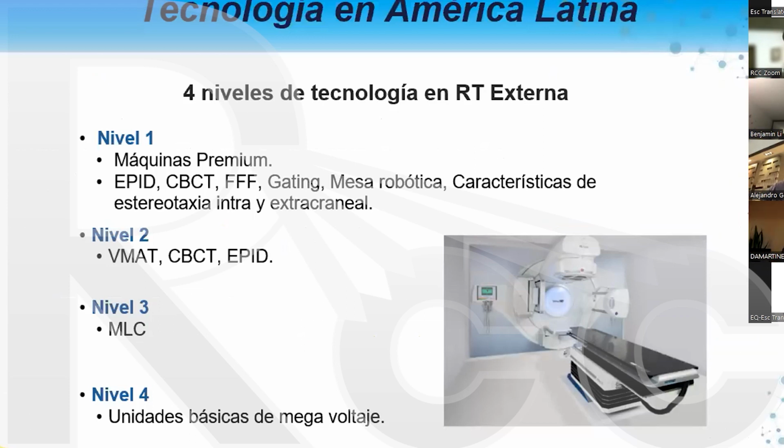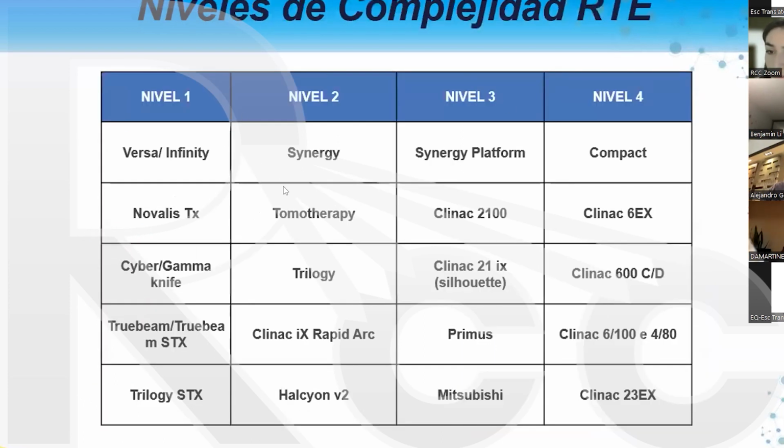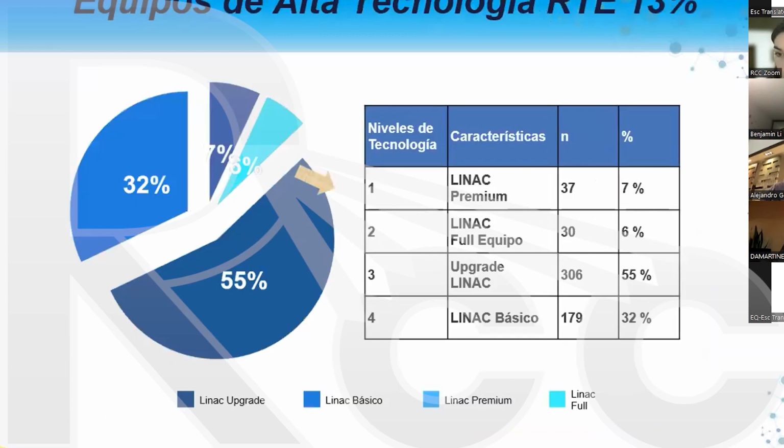So we talk about technology in Latin America. We know that technology in external radiotherapy is divided into 4 main levels, and high technology is understood as level 1 or 2, where we're going to have cone beam, portal dosimetry, robotic tables, etc. But with no association to any specific brand, we are going to look at the classification according to the levels, with each machine within the levels.